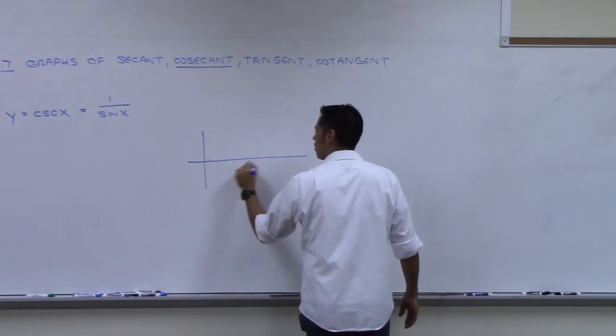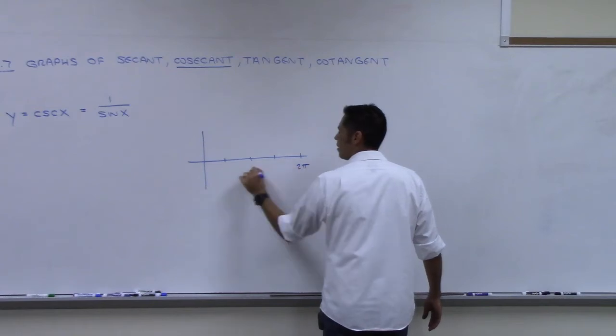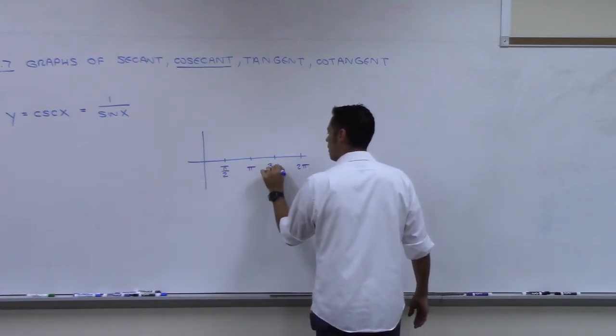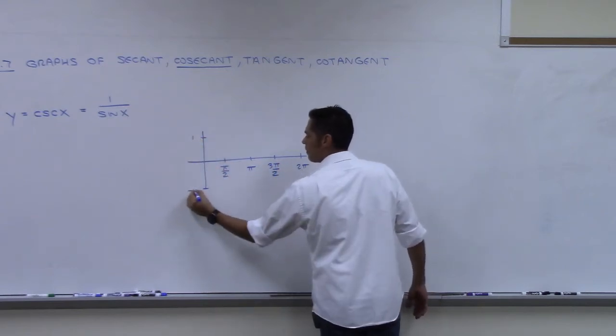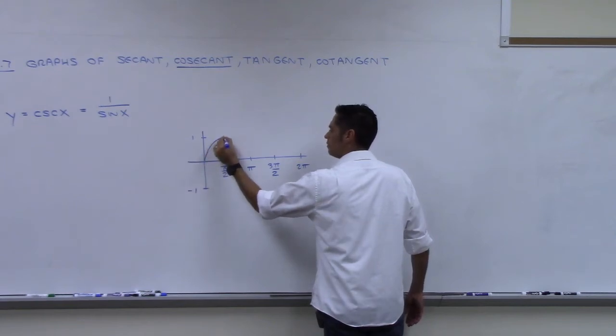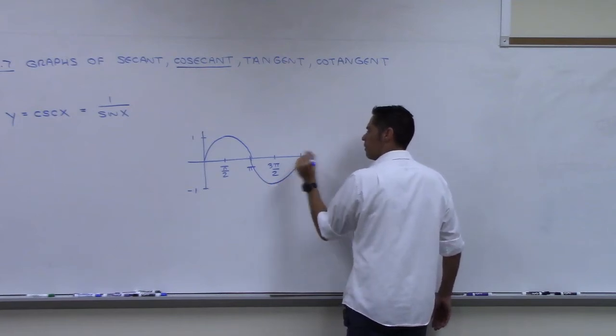This is what sine looks like. And let's go ahead and mark all these points here because they're important for us to get started. Your standard sine curve looks like this.